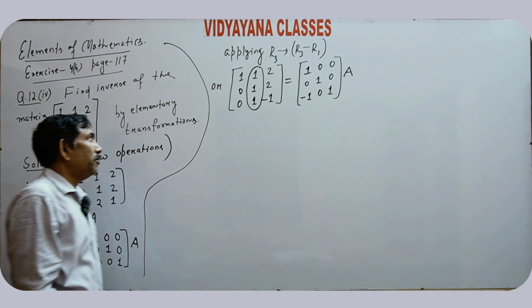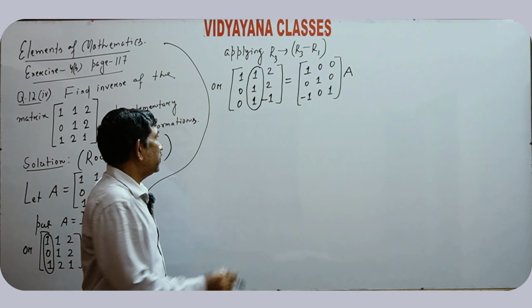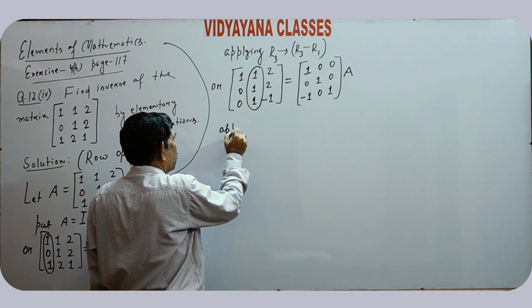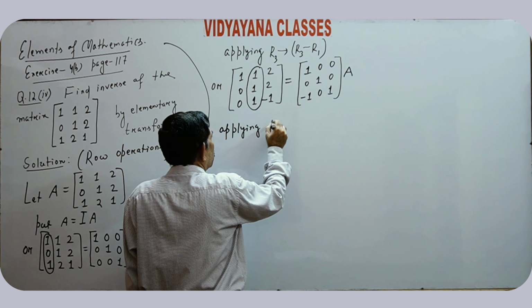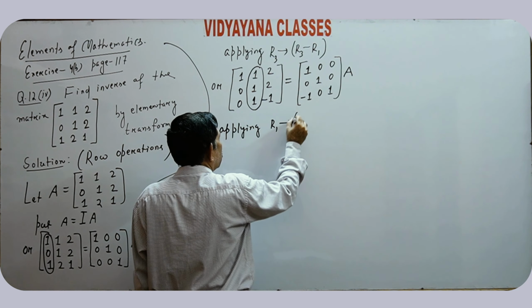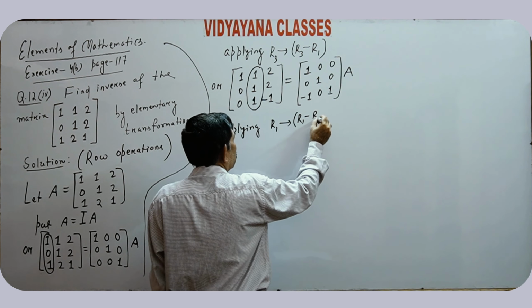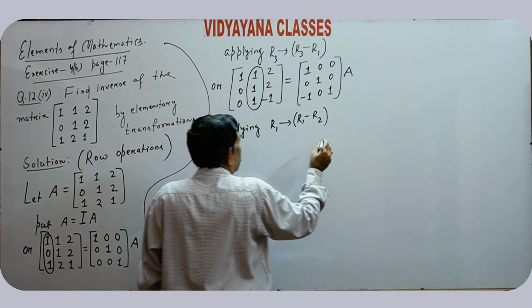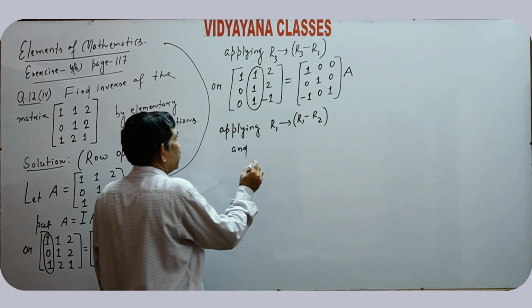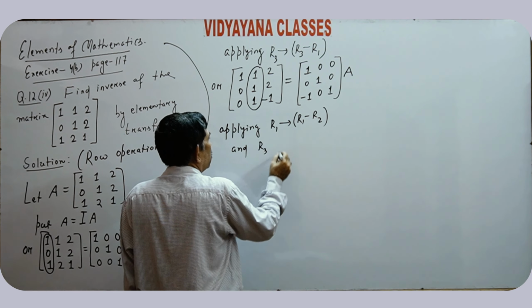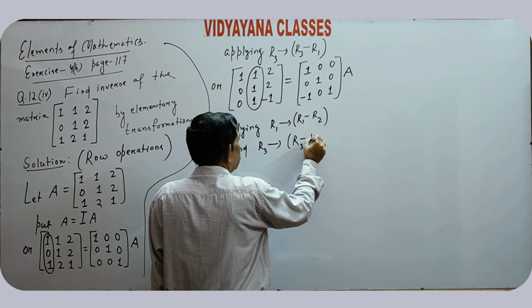Next we will change the elements of column 2 as 0 1 0. Applying row 1 replaced by row 1 minus row 2, and row 3 replaced by row 3 minus row 2.